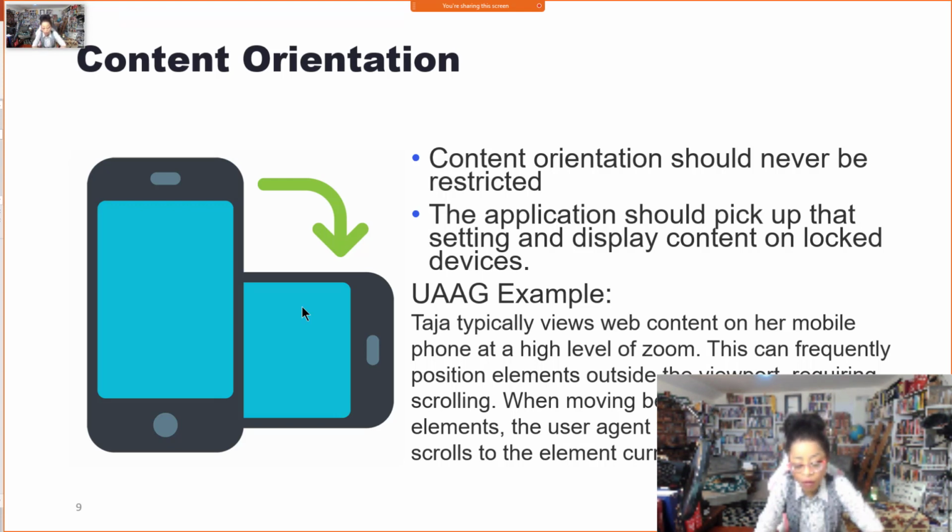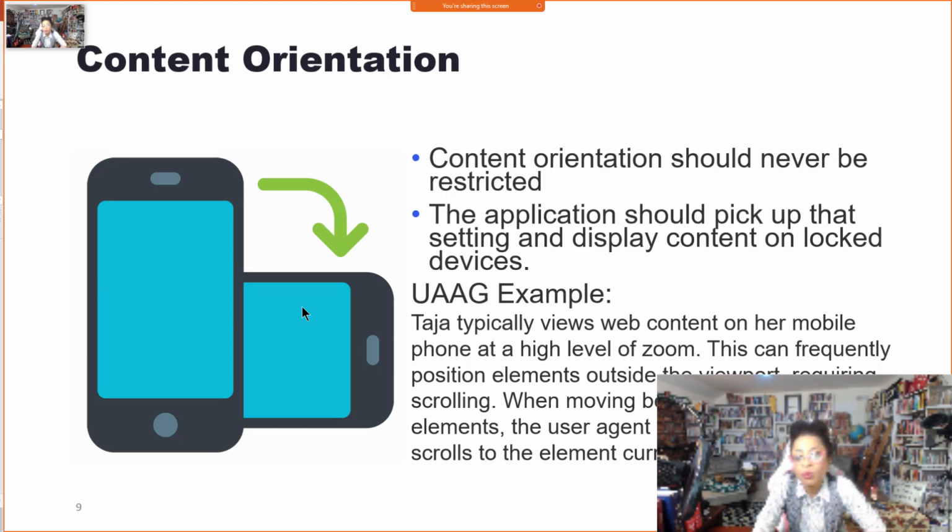That's where we are falling into an issue. So here's an example of UAAG. Let's say a user typically views their web content on their mobile phone at a high level of zoom. This content can frequently position its elements outside of the viewport, which will require scrolling.